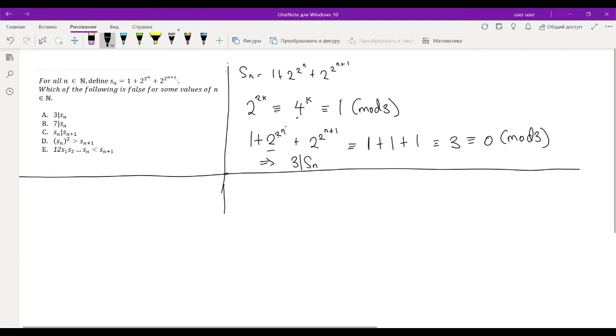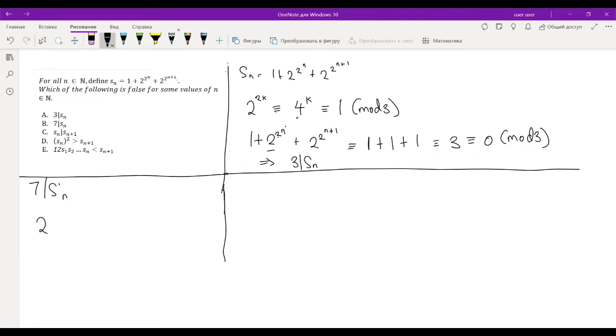So let's test the second option. We want to check if 7 divides Sn or not. This one is slightly more complicated than the first one, but it goes along a similar line. Since 1 is always 1 mod any natural number, it can't really change.